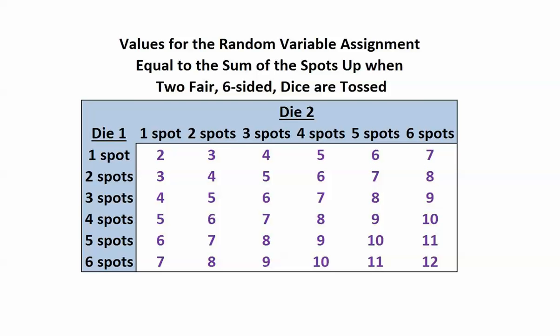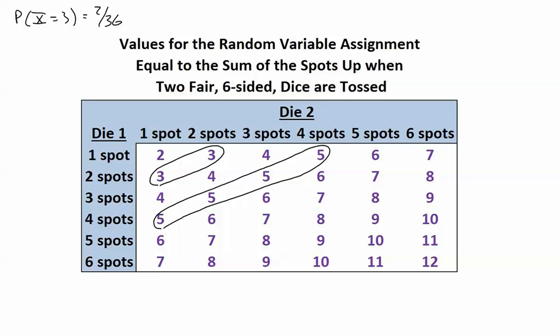All right. Well, very clearly, there are two ways of getting a 3. The probability that x equals 3 is 2/36. All right? The probability that the random variable is 5 is what? 4/36.